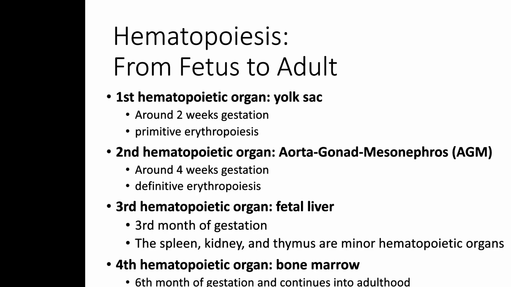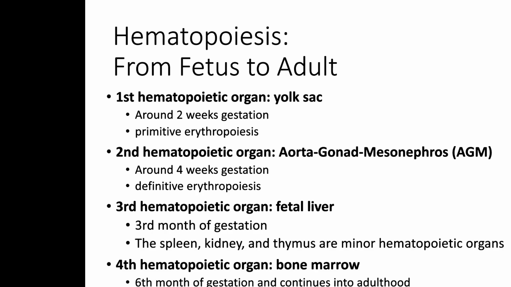It's around 4 weeks gestation, and this is where definitive erythropoiesis begins. Around your third month, your liver is where your hematopoiesis will primarily occur, though your spleen, kidney, and thymus will start to become a bit more involved. Then finally, and last but not least, from the 6th month of gestation and from adulthood onward, your bone marrow is going to be your primary site.